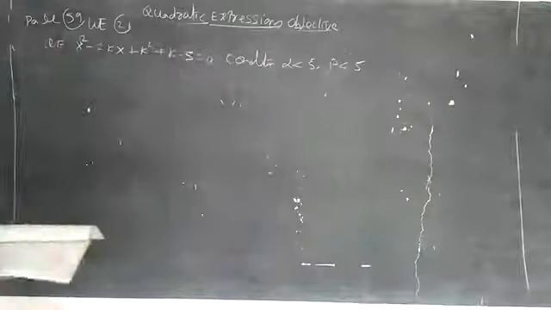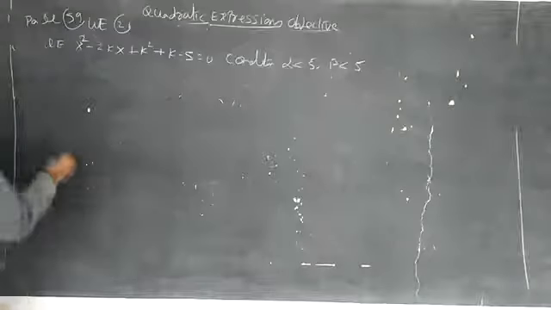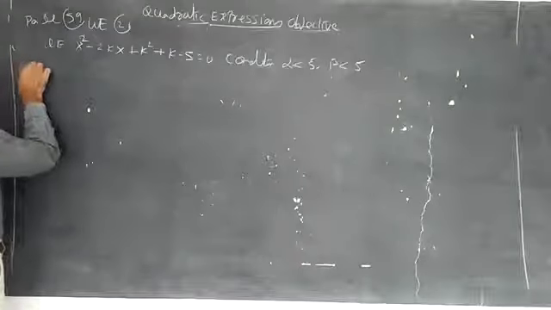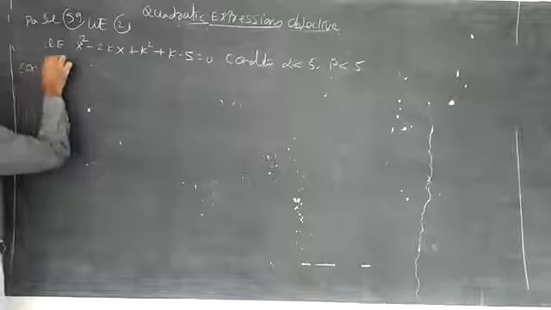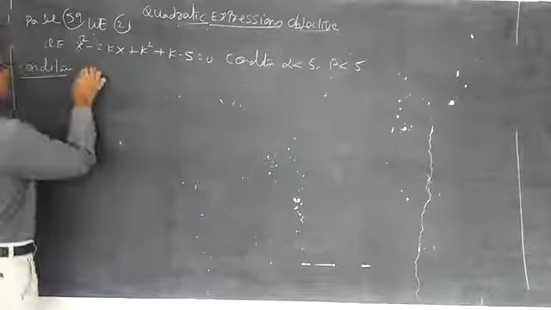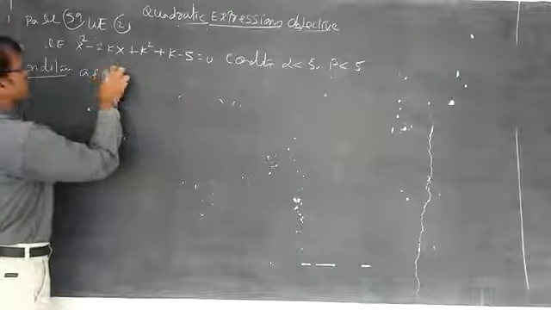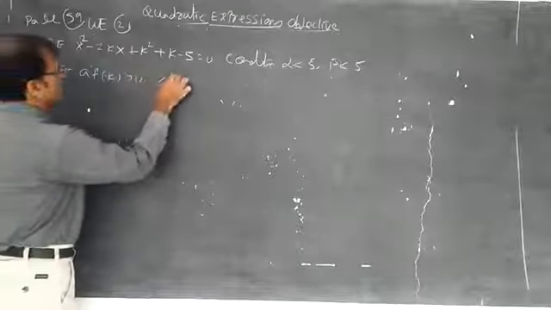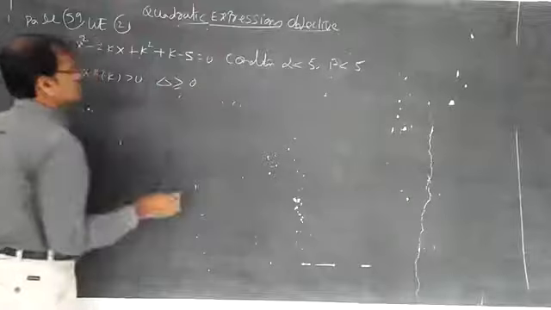So alpha less than 5 and beta less than 5 is given. Whenever both roots are less than k, we get a into f of k greater than 0 and delta greater than or equal to 0.